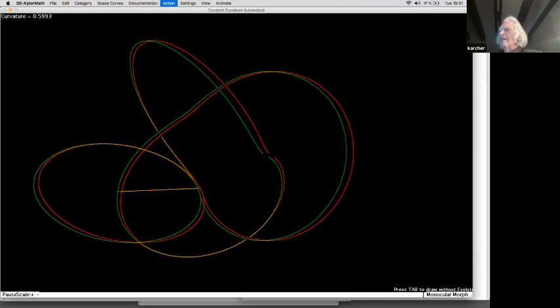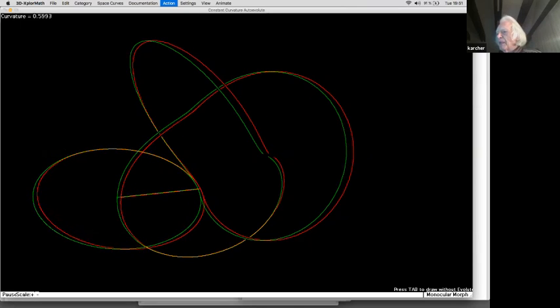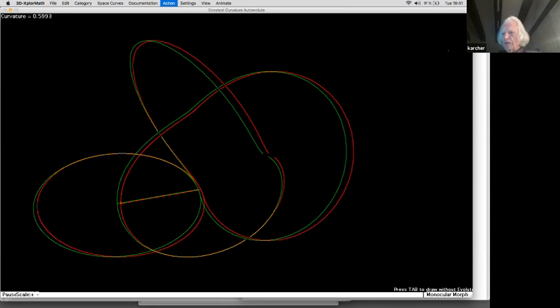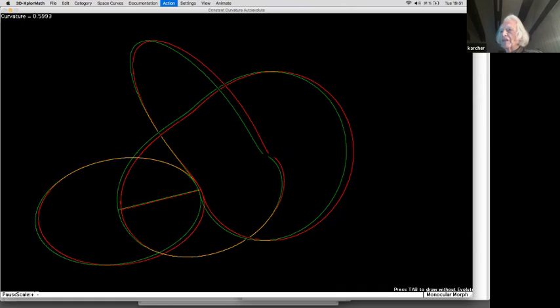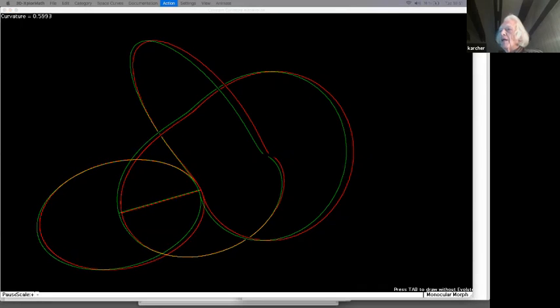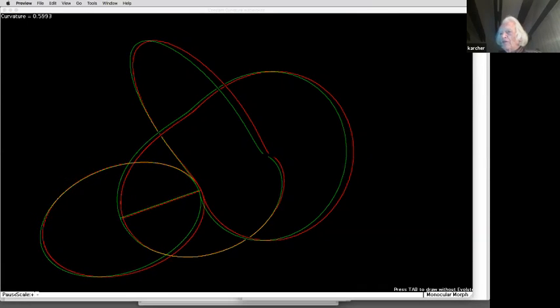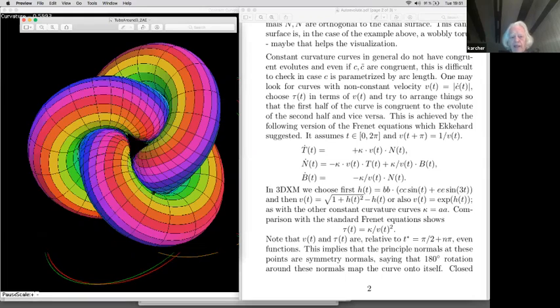Rob, I think you have, where is this thing here? You have looked at knots made from ropes of a finite radius.